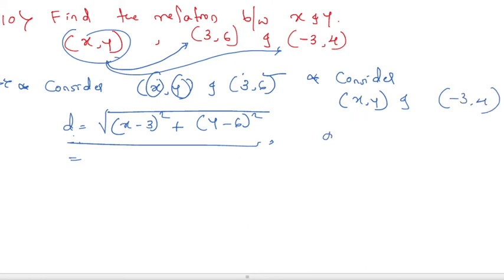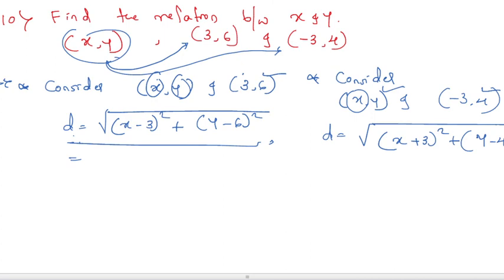The distance between the points is the square root of (x2 minus x1) squared plus (y2 minus y1) squared. First I will write (x minus minus 3), that is (x plus 3) squared, plus (y minus 4) squared. So it is the distance.